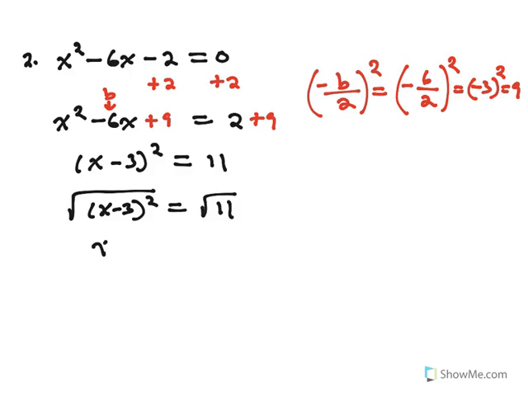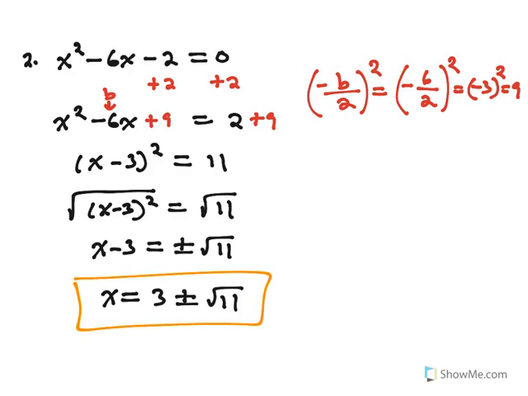And then you can just write it as x minus 3 equals plus or minus the square root of 11. And if we bring the 3 over to the other side, then we get x equals 3 plus or minus the square root of 11. And then that would be your answer for the problem.